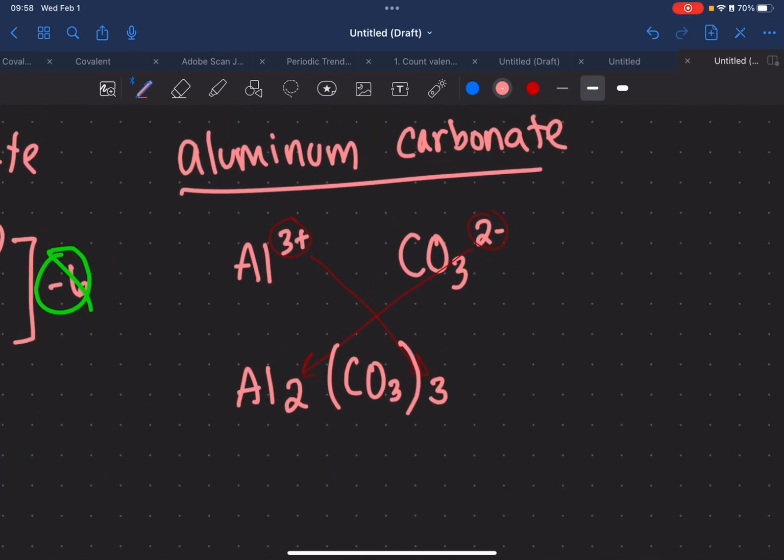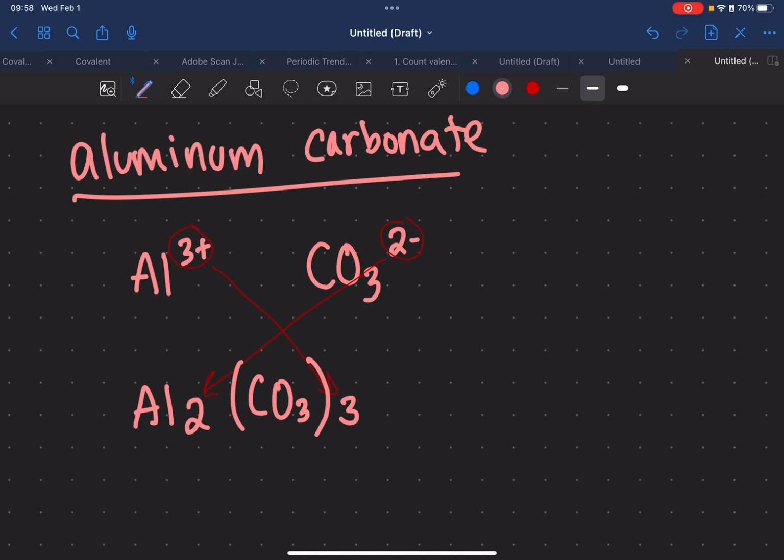If you lean kind of mathy, right, and you're okay with some math, one thing that might be helpful is to think about taking the least common multiple of the charges. All right, so when I have a 3 and a 2, their least common multiple is 6.